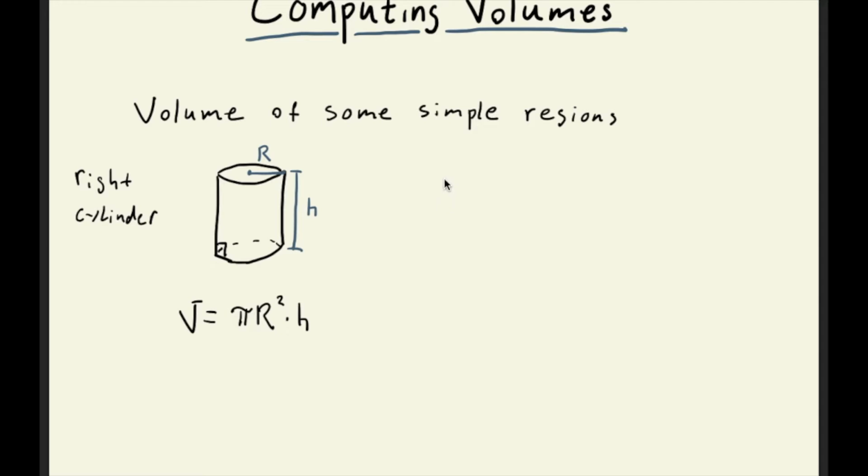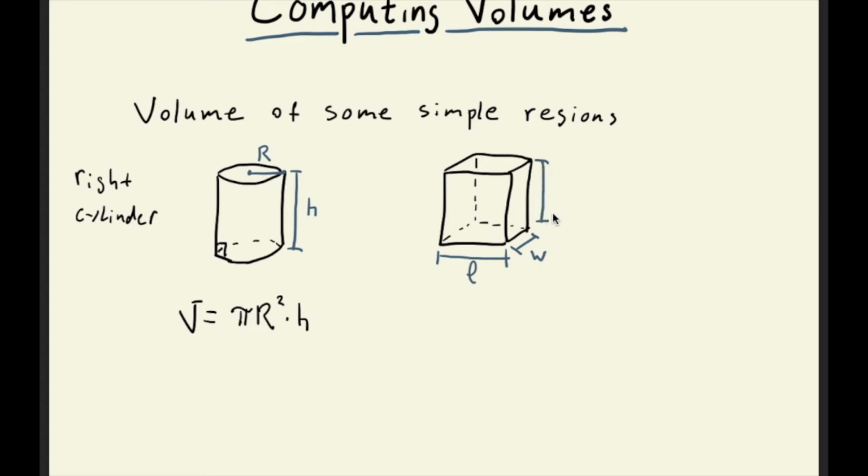Another example, which is pretty simple that we discussed, is a box, a rectangular box. Hopefully I'm not going to mess this up too much. So if you draw a box like this, the important dimensions here are the length of the base rectangle, the width of the base rectangle, and then the height of the box.